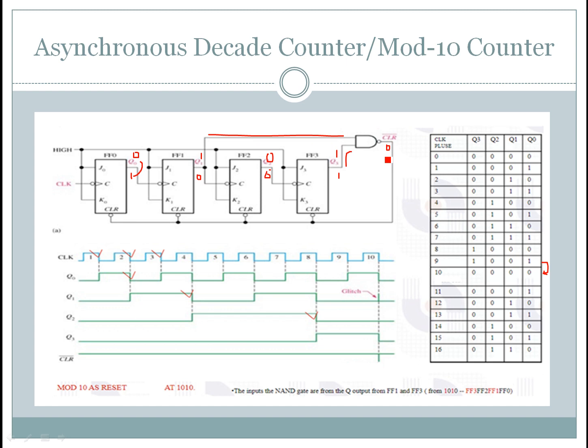That logic low signal we are getting at the NAND gate output. So now all the flip-flop values become 0. That means it resets all the flip-flops. Hence after 1001 you will not get the 1010 state. After 1001 immediately we will get the 0000 value. So this is how we can design the mod 10 counter.